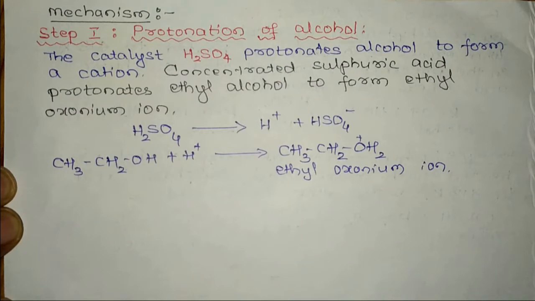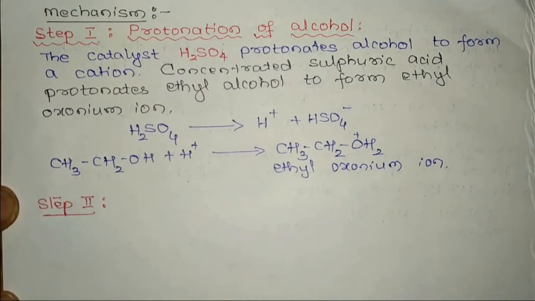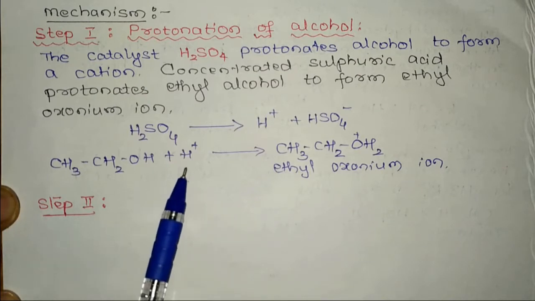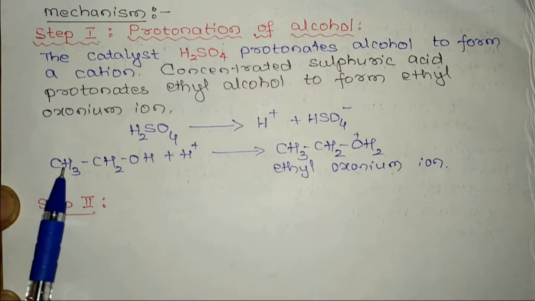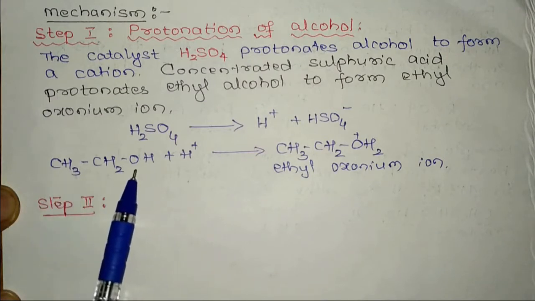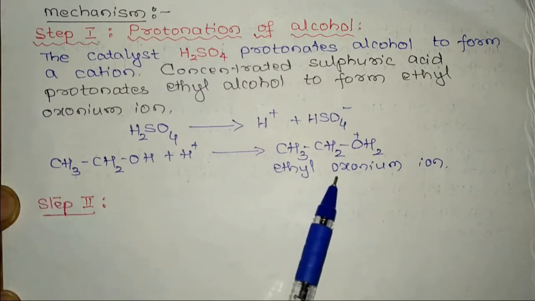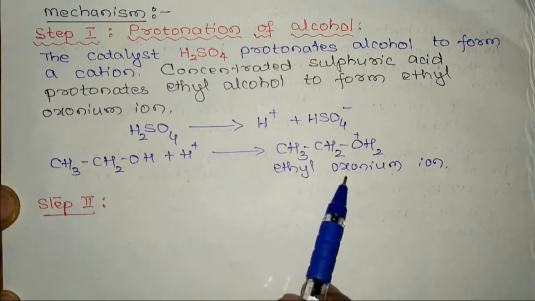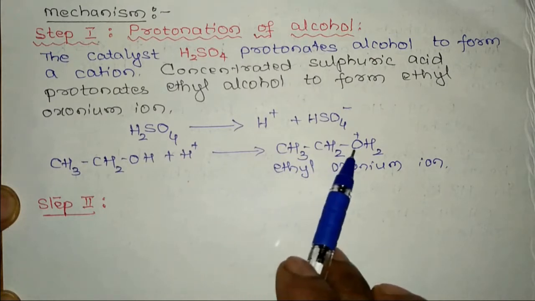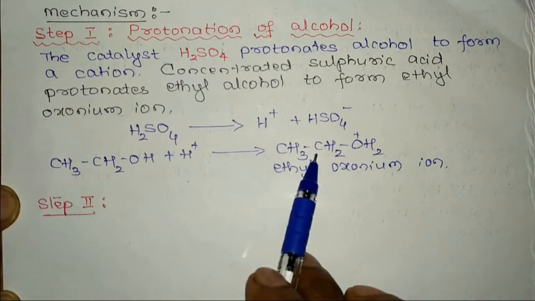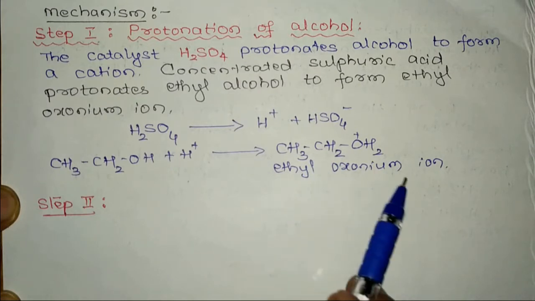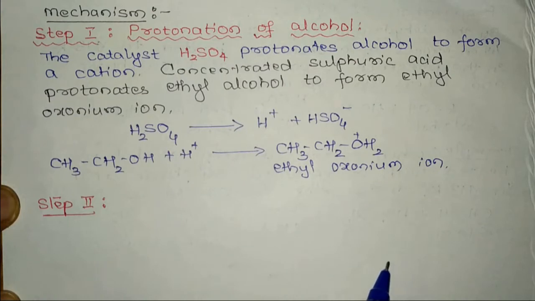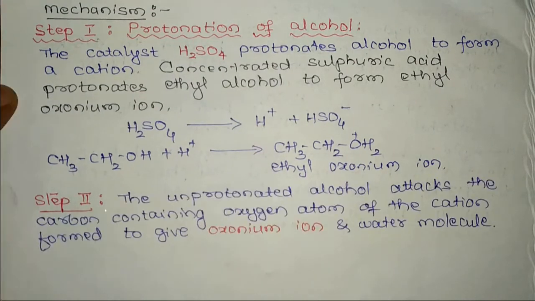Now let us see the second step. In step 2, the unprotonated alcohol, to which H plus is not added, attacks the carbon containing oxygen atom of the cation, to give oxonium ion and a water molecule.